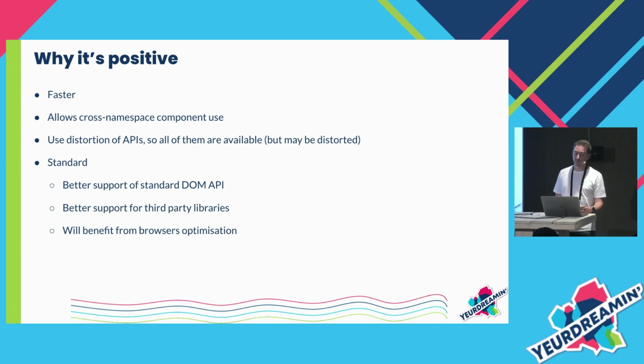As I said, with distortion of APIs, you have access to many more APIs than before. And it's standard, which means that when Chrome optimizes the way Shadow Realm is running, because some parts are too slow, you will benefit from it, because everyone uses the standard and it will be much faster for everyone. Also, there is better support for third-party libraries.